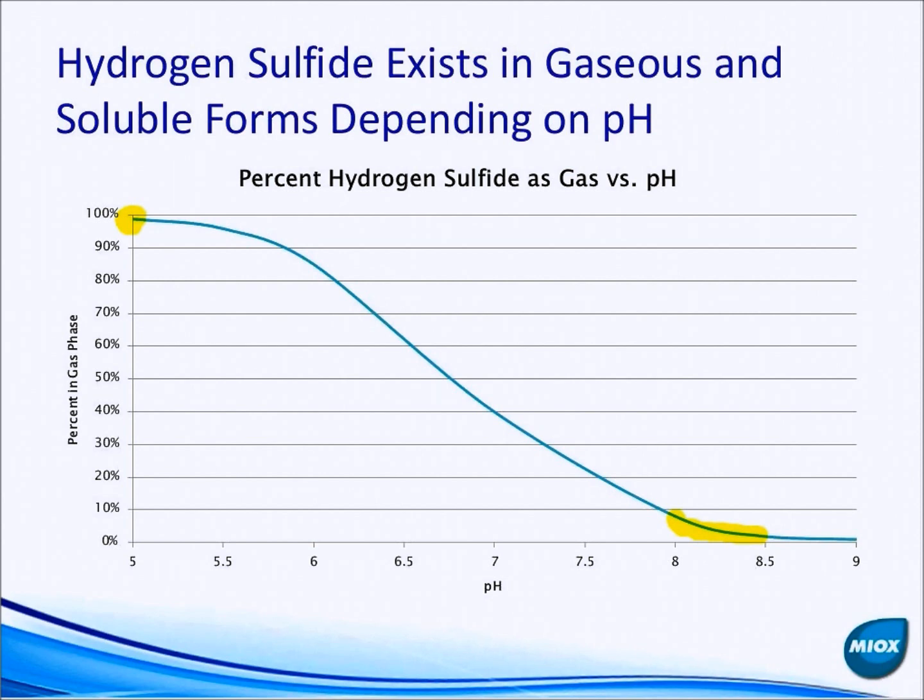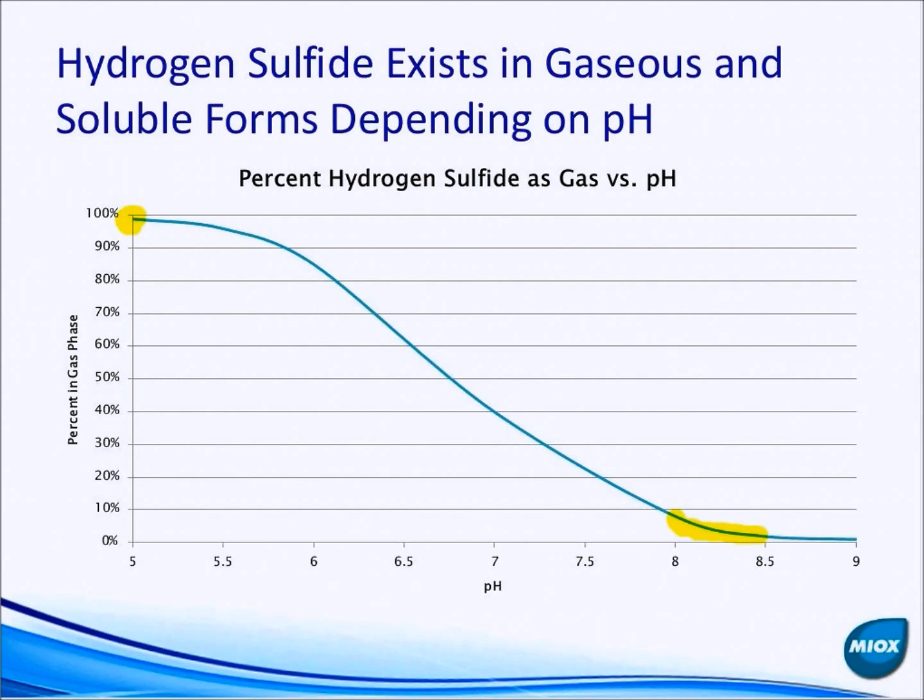So now why is this important? Theoretically, if you had a groundwater supply at 5 pH, let's say, you could remove hydrogen sulfide very easily by just using a gas stripper. You could run the water through, blow some air through the water, through the device, and you'd remove the vast majority of your hydrogen sulfide. At high pH, you can see that most of it is not removable.